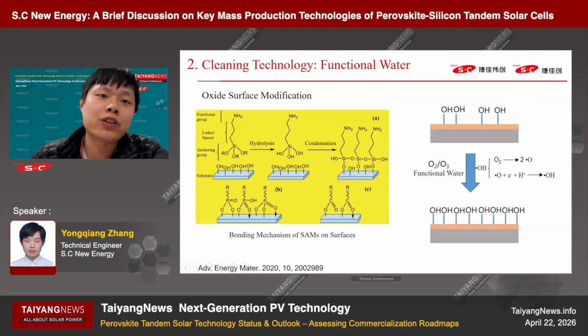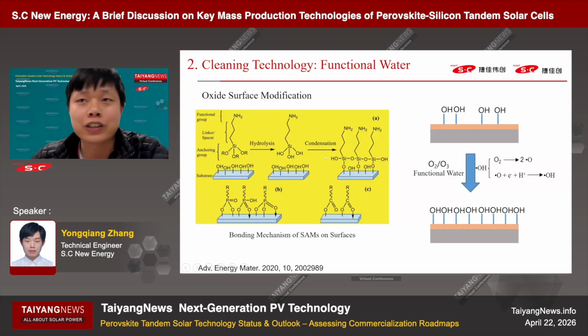The functional water not only makes our substrate surface clean, but can also modify the surface. After the substrate is treated with functional water, we find that more OH groups appear on the sample surface.